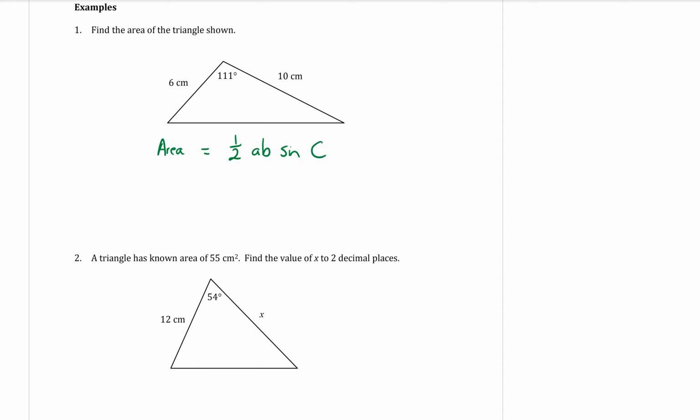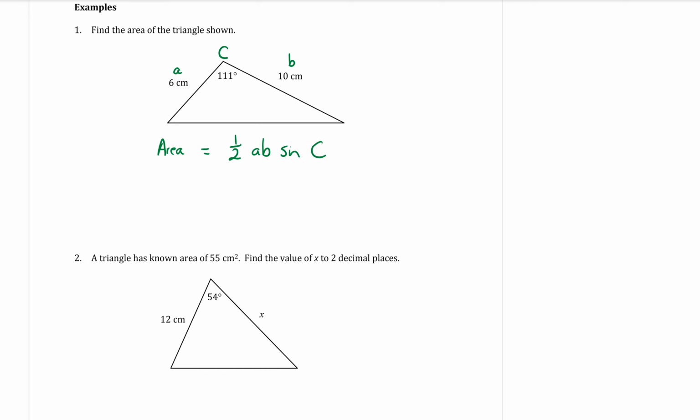Okay, I only have one angle. In my formula, I have a capital C, so that means that the 111 here, we're going to call that capital C. The A and the B are the sides on either side of that angle, so I'm going to make the A the 6 and the B the 10. Okay, but it could be the other way around if you wanted it to be, as long as one is A and one is B.